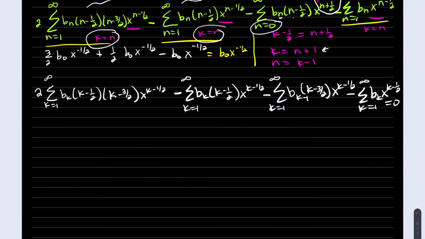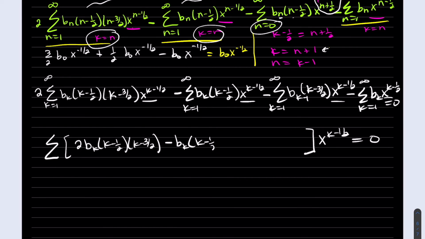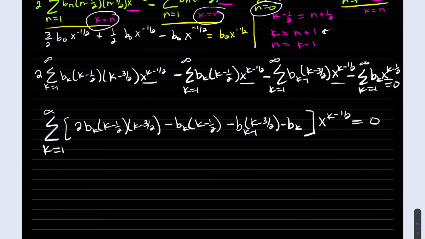So now we have the same power, same index, we can add them. We will have this in common. So we have equals 0, and we'll factor out that k minus 1/2. The series of 2, and this is k equals 1 to infinity.